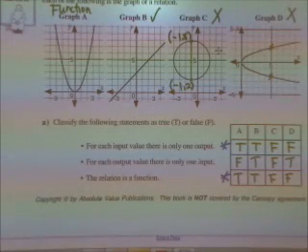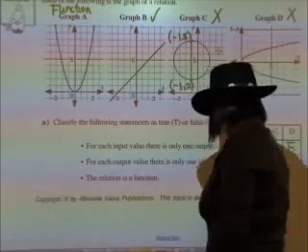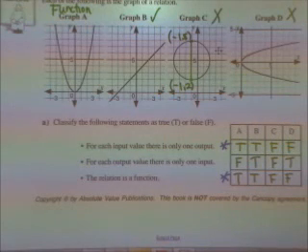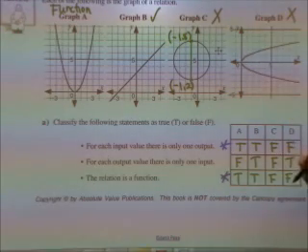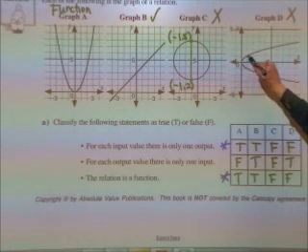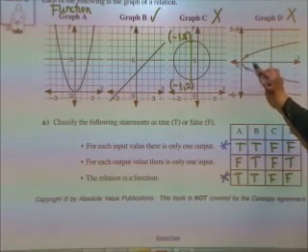Okay? So if I look at graph D, let's find 2 points on this graph that prove it's not a function. So can you find 2 nice points on the graph where I have the same x value? 1 and 1, and 1 and negative 1.